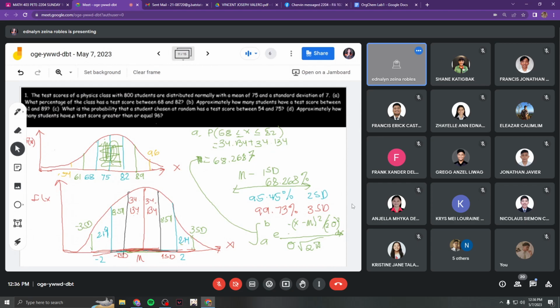Okay, so if walang questions, let's move on to letter B. Letter B stated: approximately how many students have a test score between 61 and 89? So what is the answer? How many students can have a test score between 61 and 89?